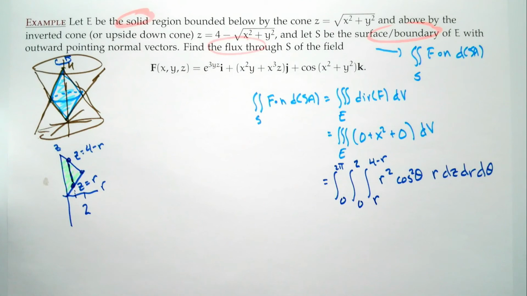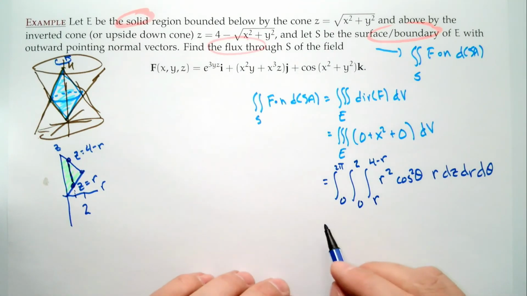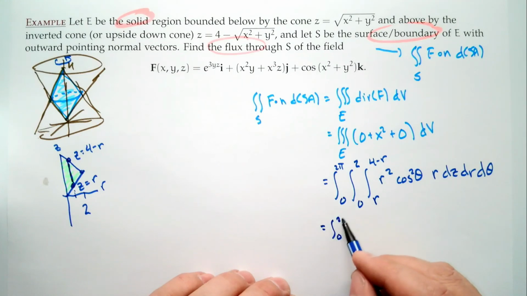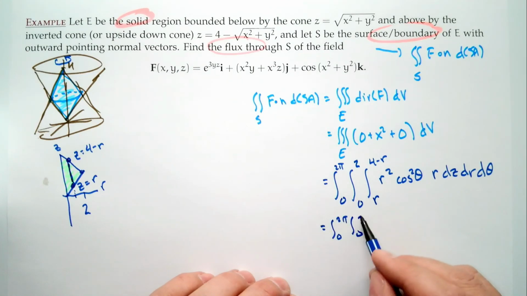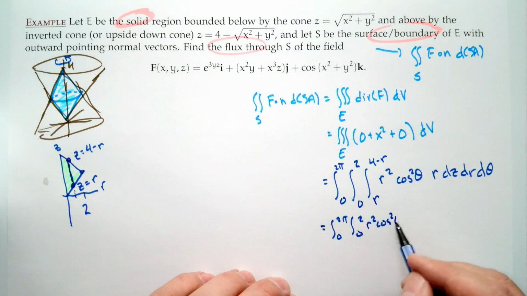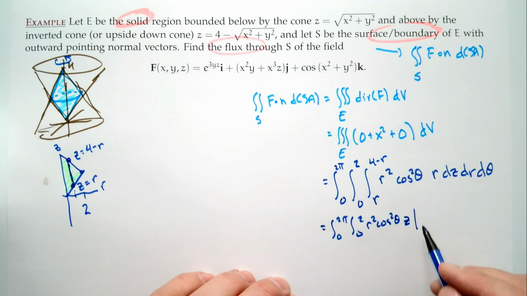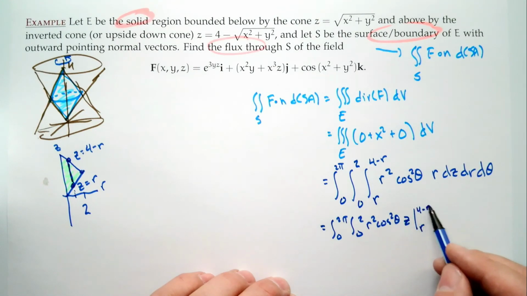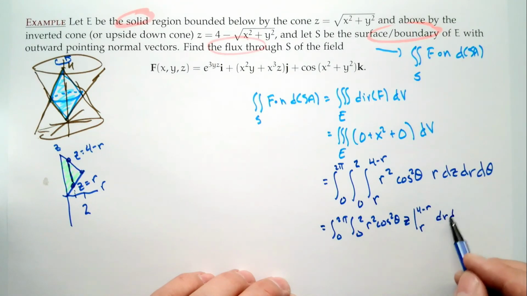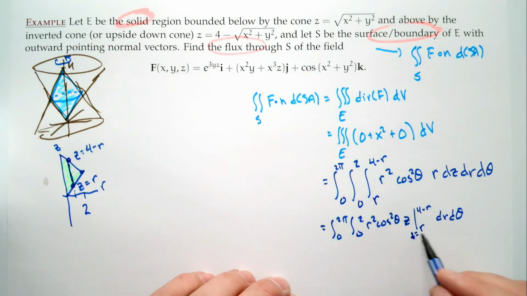Well, that's not so bad. One thing you'll notice is there's no z involved, so that's easy to do the first layer. Integral 0 to 2 pi, integral 0 to 2, r squared cosine squared theta, z evaluated from r to 4 minus r, dr d theta. And I really should, of course, say z equals r to z equals 4 minus r. Well, why didn't we split them up this time?